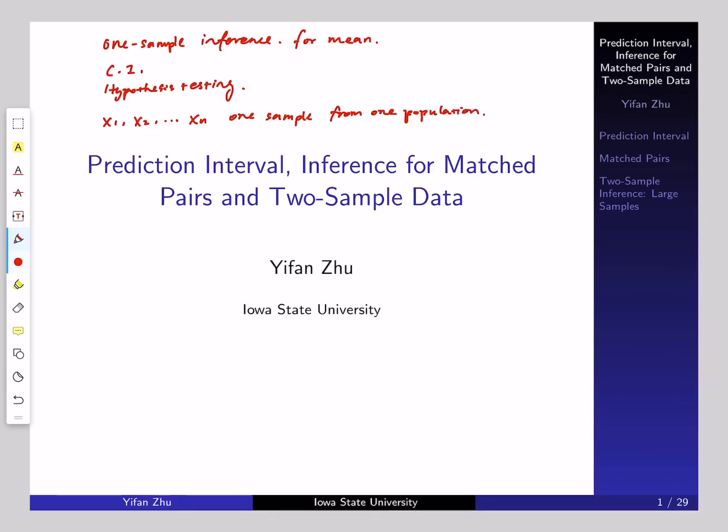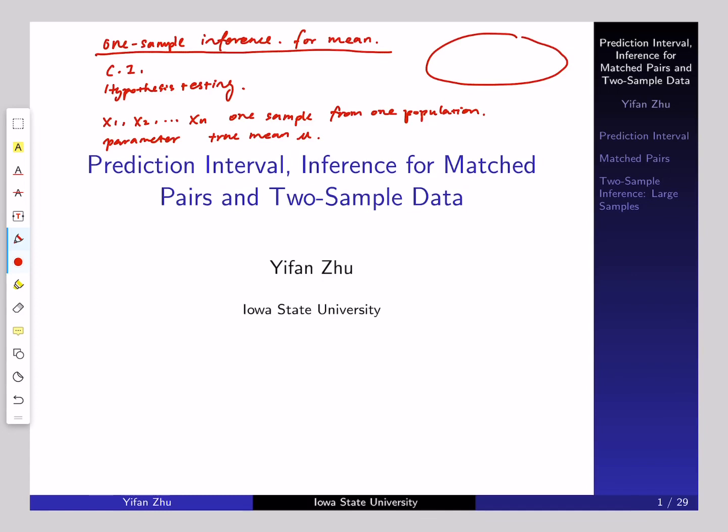And the parameter we make inference on is the population mean or the true mean mu. So that's why it is called the one sample inference for the mean.